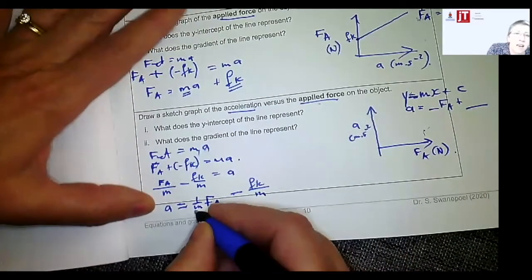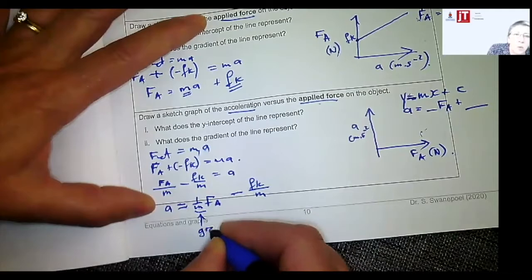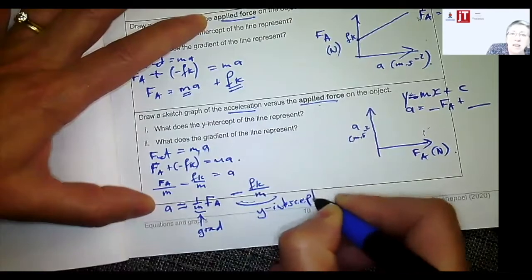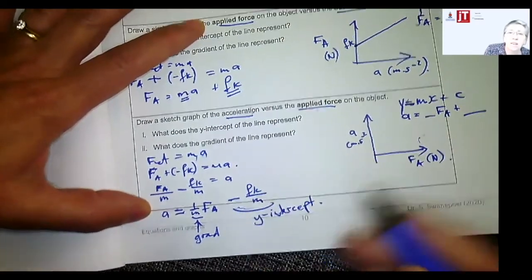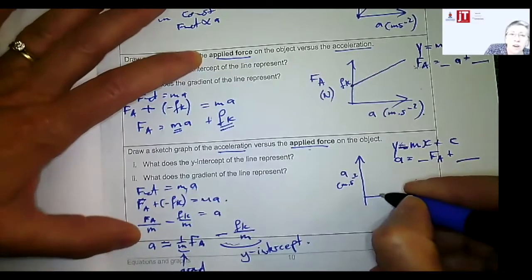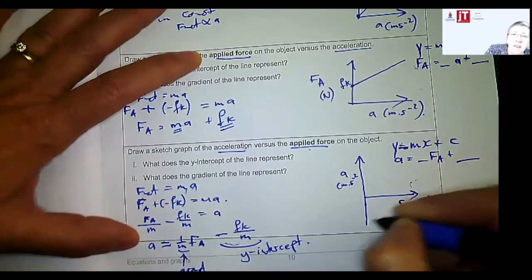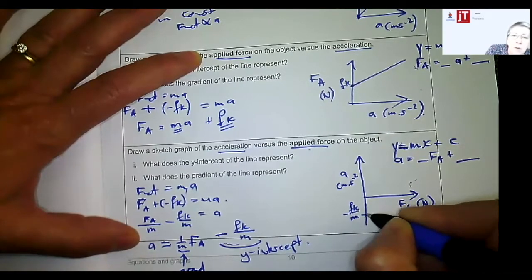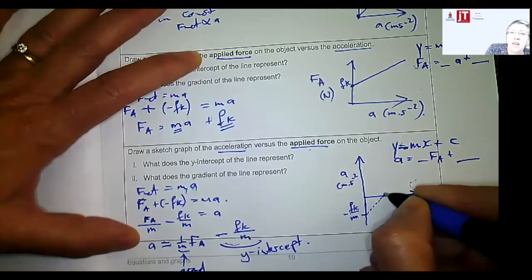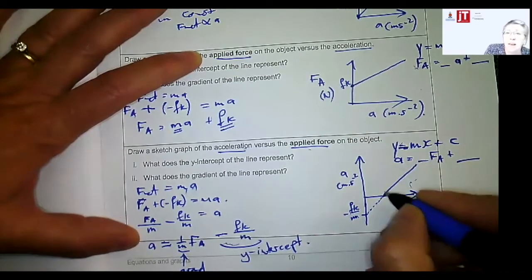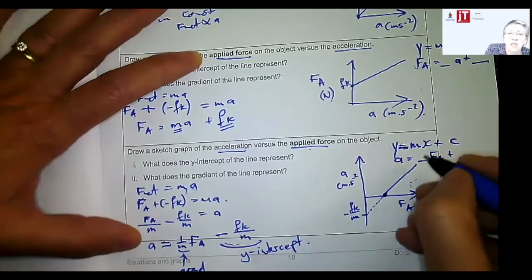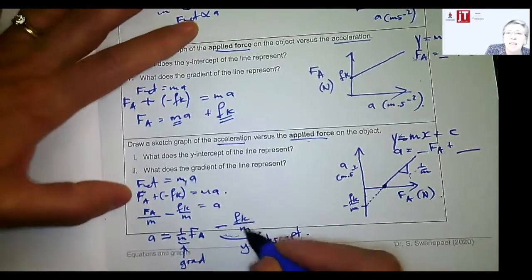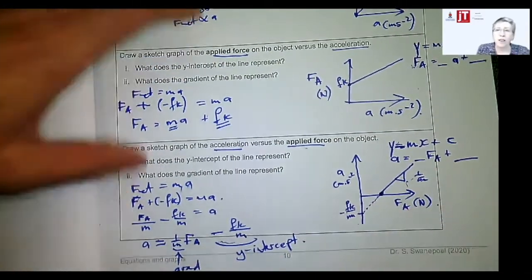So immediately there, you've got your gradient is 1 over m, and you will have a y-intercept. And that y-intercept is negative Fk divided by m. Right, so you will have a positive gradient, and remember, we don't have the negative part of the graph, but if you extrapolate it, right, dotted lines, so it will be like this, okay, with your friction over there. Right, so the gradient of this line is 1 over m, right? And the y-intercept is minus Fk divided by m.